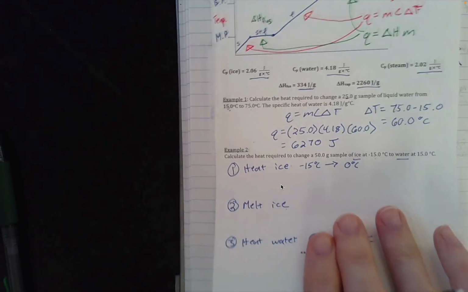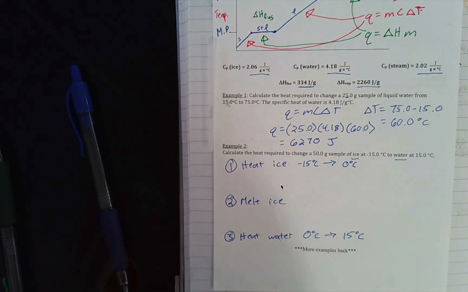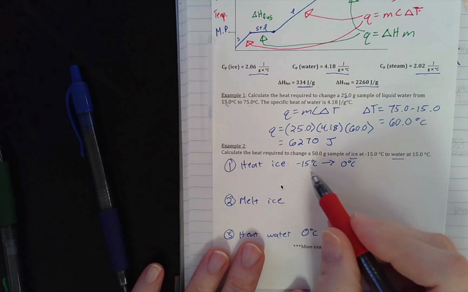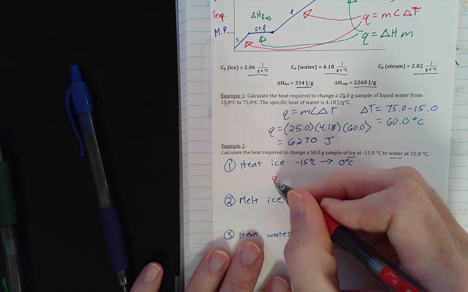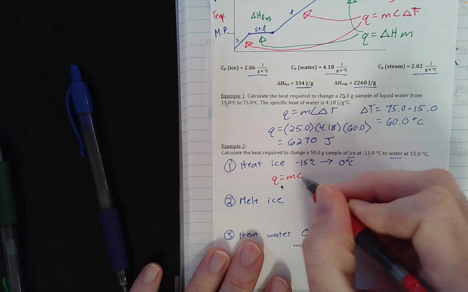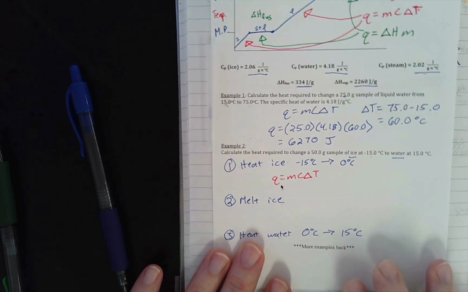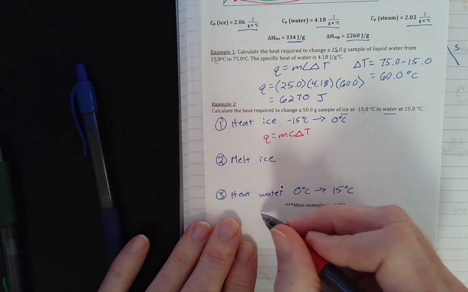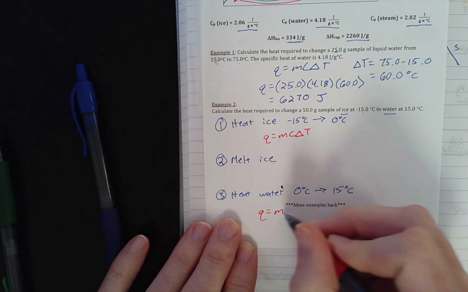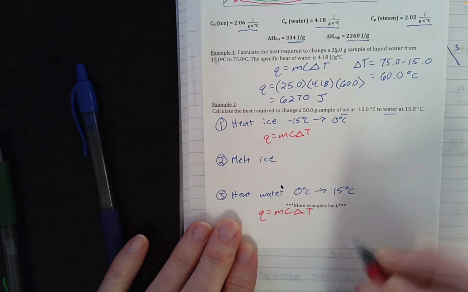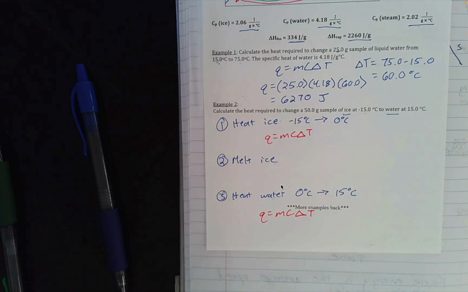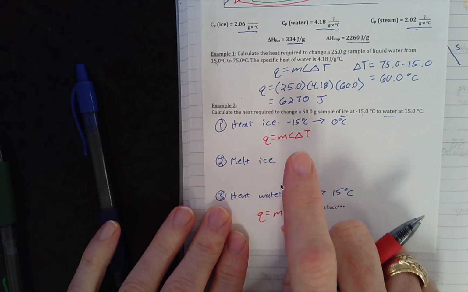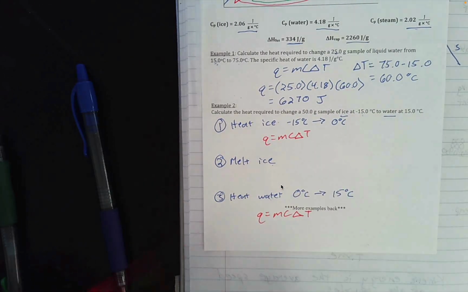I should have noticed that. This is our game plan here. Since we're heating the ice, we have a temperature change. This one we'll use Q equals MCΔT, right? And we have another temperature change here, so we're going to use Q equals MCΔT again, right? Now, melting the ice, that's a phase change, right?